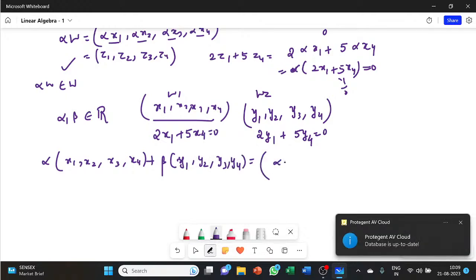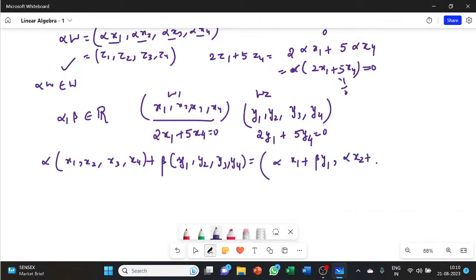You're getting alpha times x1 plus beta times y1 comma alpha times x2 plus beta times y2 comma alpha times x3 plus beta times y3 comma alpha times x4 plus beta times y4.